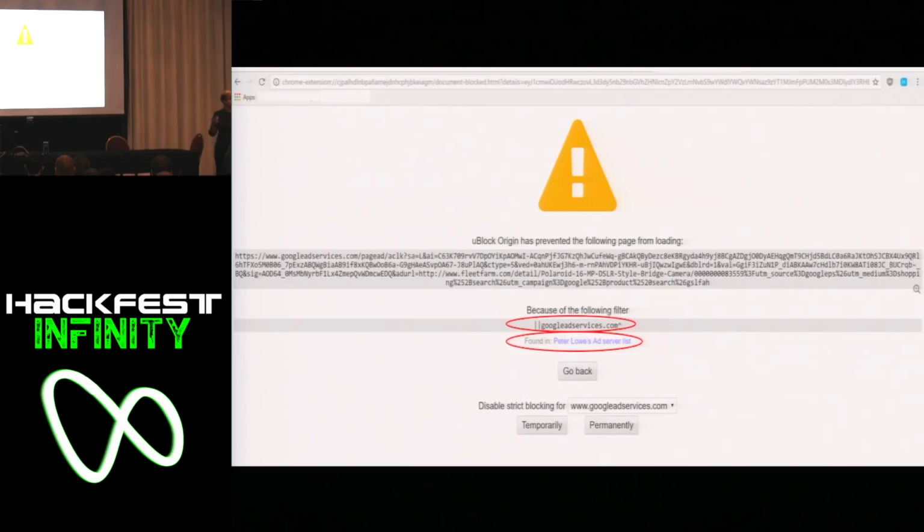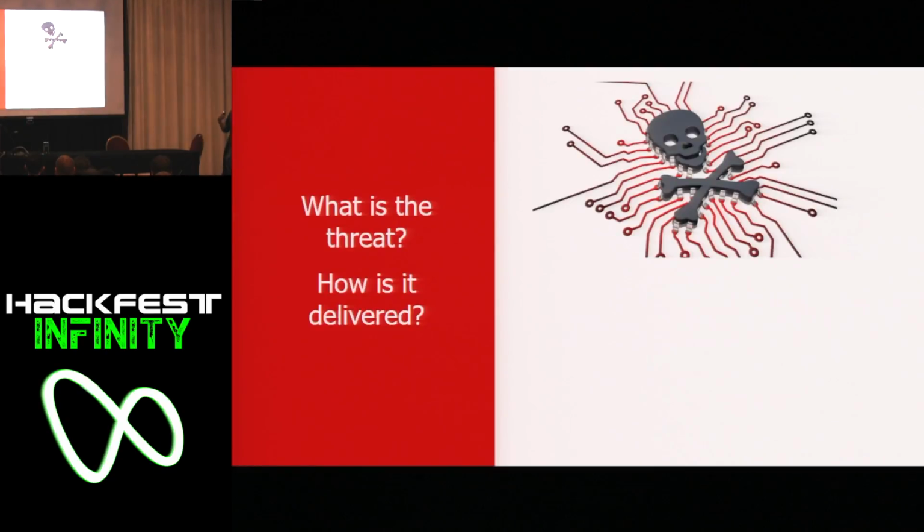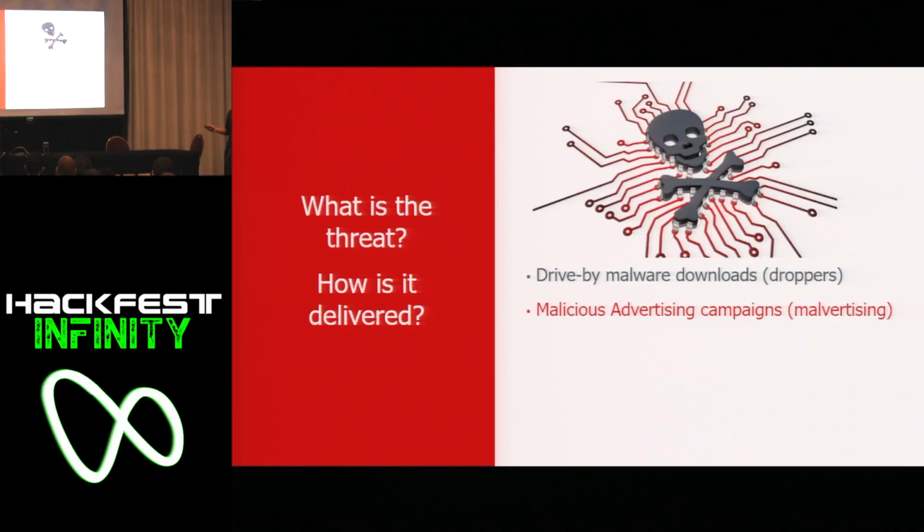Okay, so let's talk about what is the real threat here. What is it that we need protection from? Well, we're talking about drive-by malware, right? Or we could be talking about malicious advertising, also known as malvertising, spam campaigns, which we know are the delivery of malware through email, and of course ransomware, which is probably the worst perpetrator of all.